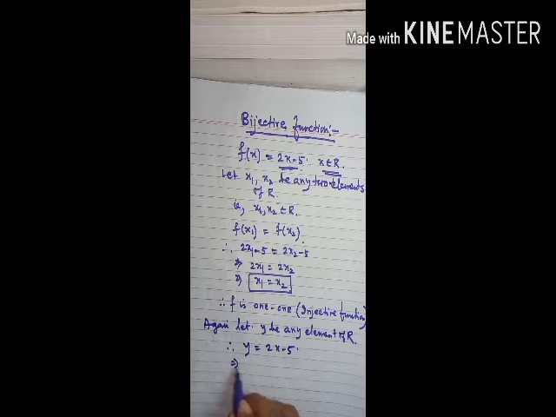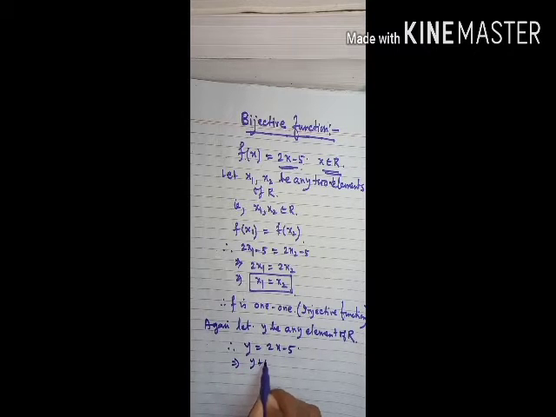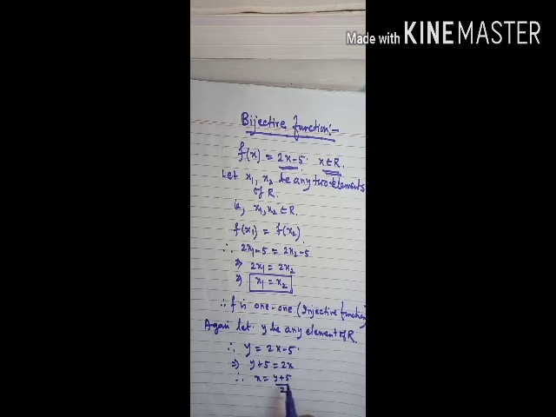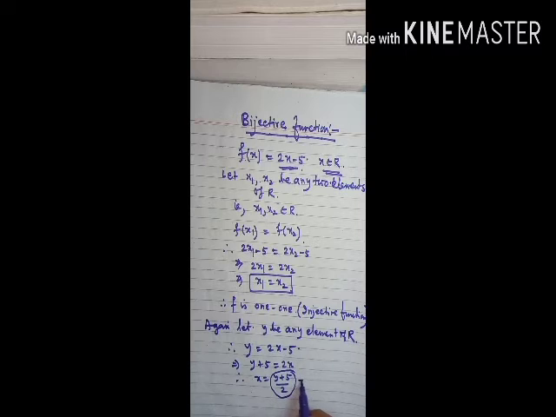From here we can write y plus 5 equal to twice x. So x equal to (y plus 5) by 2. This one we can see belongs to R, real numbers R.